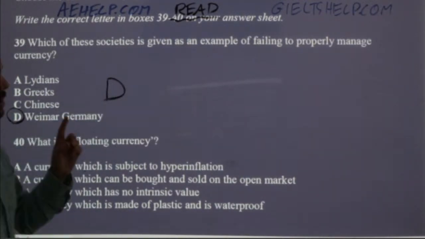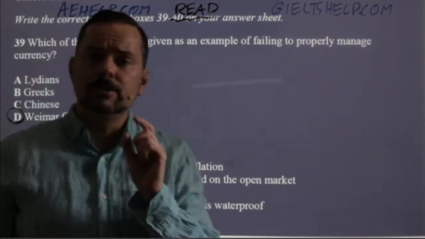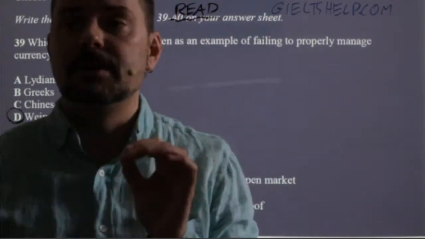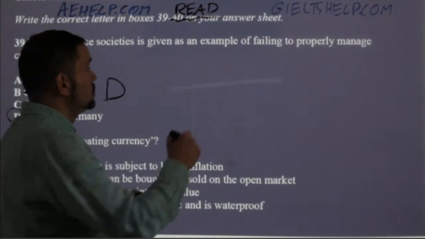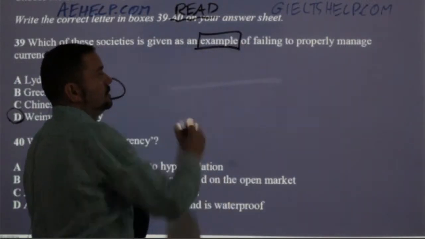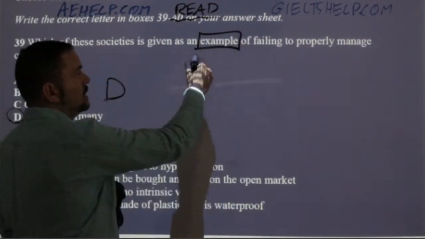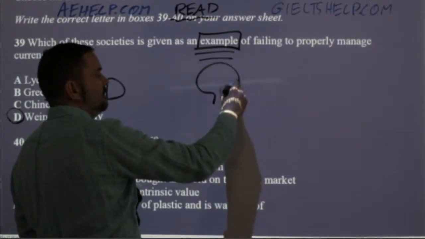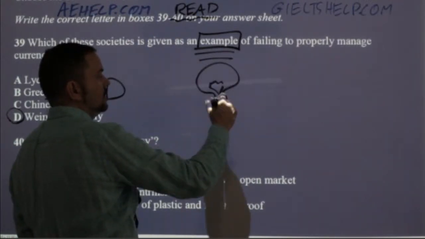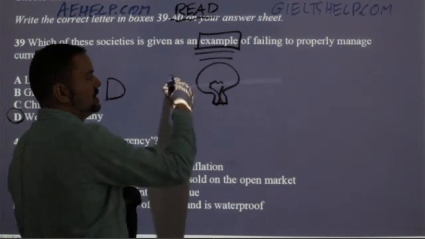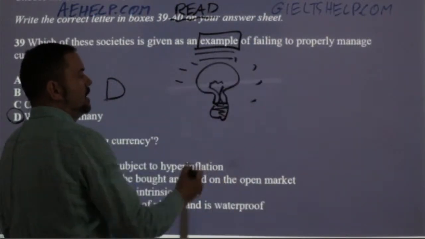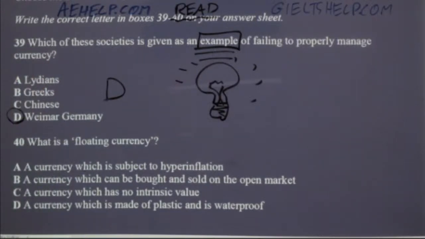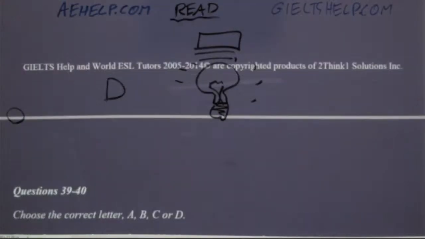Okay, now, students, here's something really interesting. I'm going to stop here for a quick second. Notice this word example come up here again. When you see this, you should have a red light go off in your head and go, wait a second, that's the word example.